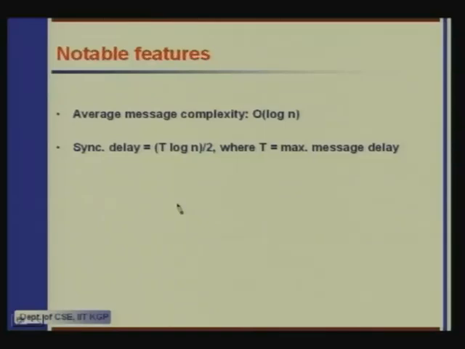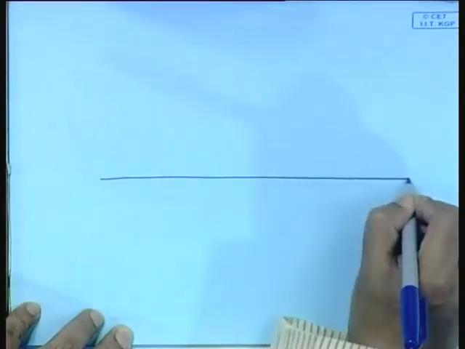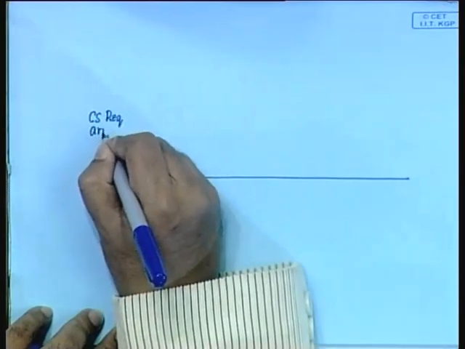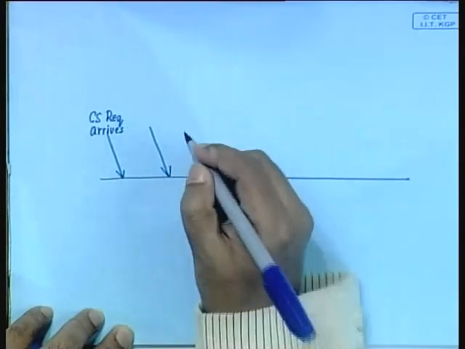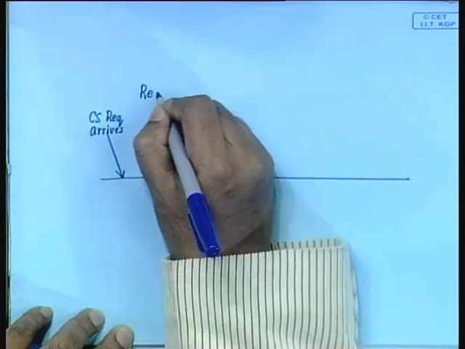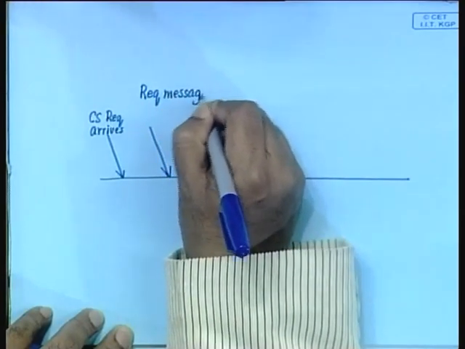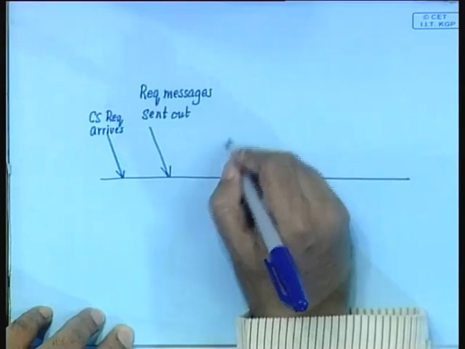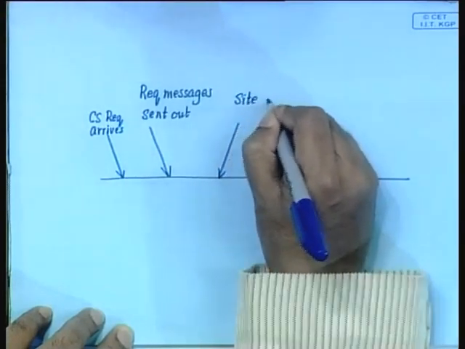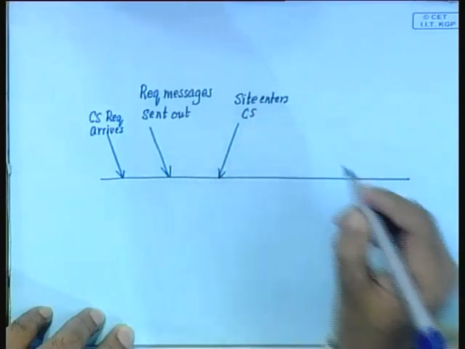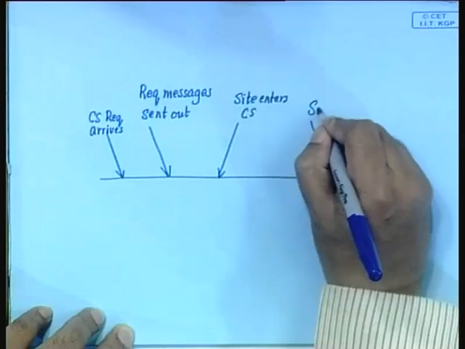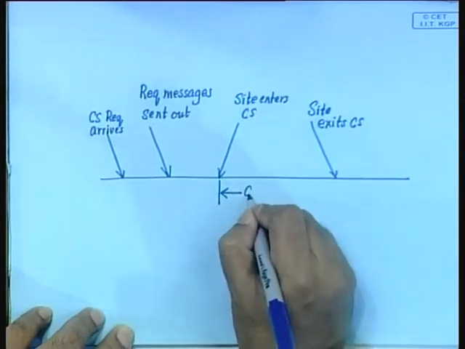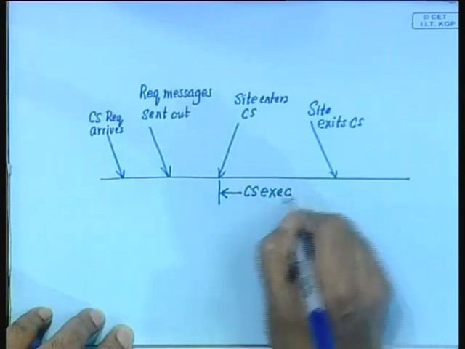So, we had defined this, that for a process, this is where the CS request arrives, then request messages are sent out, then let us say this is where the site enters CS, this is where the site exits CS, this is the CS execution time.